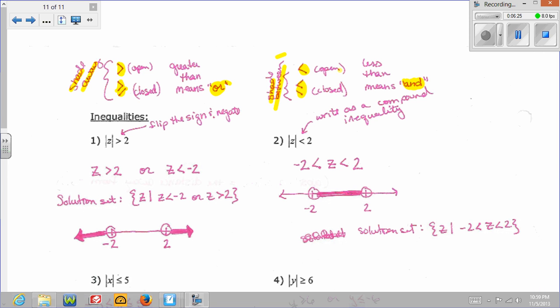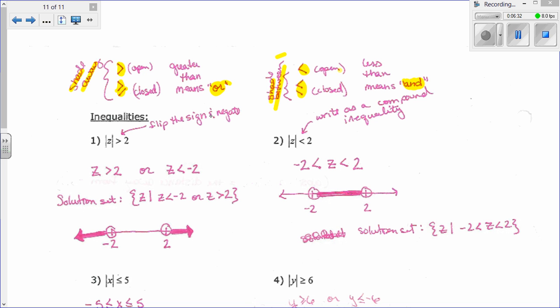If I have the absolute value of z is greater than 2, whenever I have the greater than symbol, I need to flip the sign and negate to find my second inequality, just like we did with solving the equations.